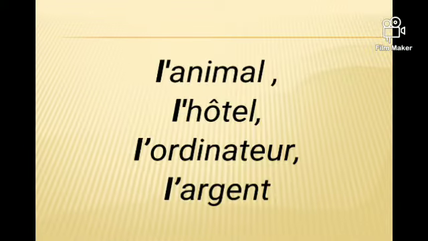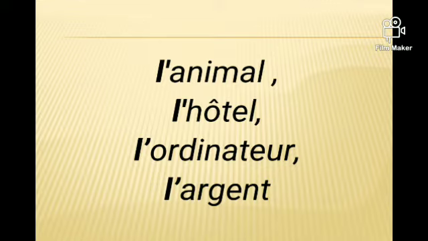When we have singular masculine or feminine words which begin with a vowel or a silent H as the first letter of the word, we use l'. L'animal, l'hôtel, l'ordinateur, l'argent, where animal, ordinateur and argent begin with vowels, and hôtel where H is silent.